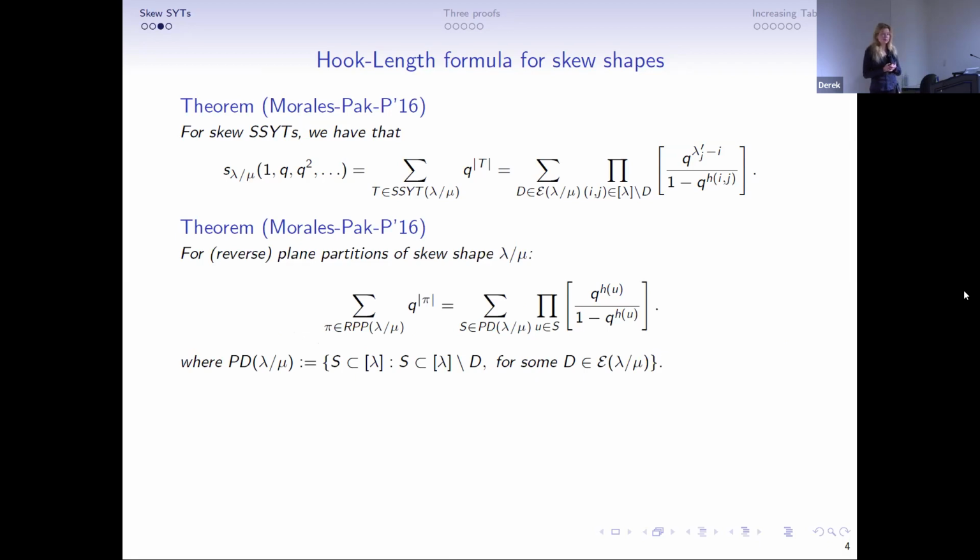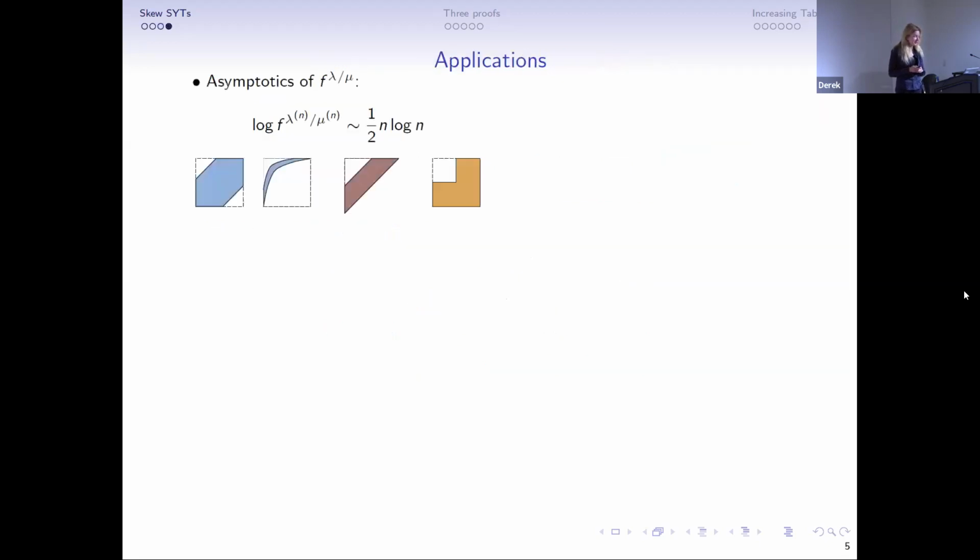The difference between reverse plane partitions and semi-standard Young tableaux is that we don't have the strict restriction on the columns. So we have weakly increasing columns and weakly increasing rows. Then this set is a little bit larger of things that we sum over, and I'm going to explain in a moment what this means. What are these pleasant diagrams?